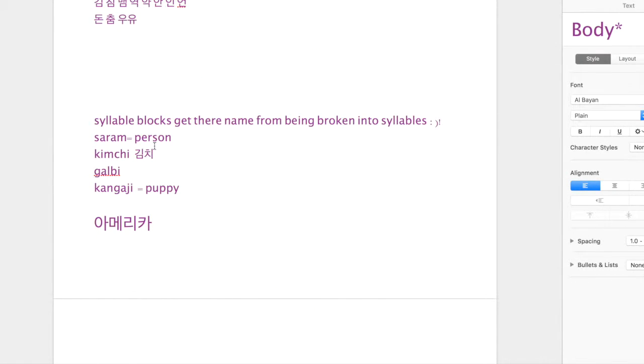Okay. So let's take this for example. We'll do a couple of them, and then I'll have you do a couple of them. I already wrote that one in, so that's really great. Okay, so 사람 is 2 syllables. 사람 is person.